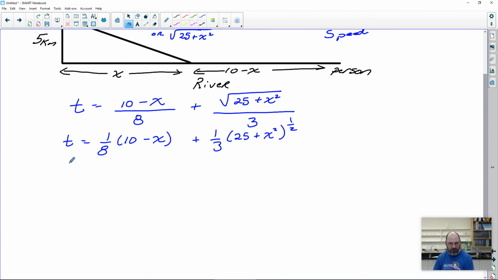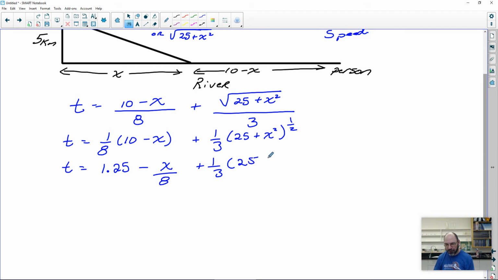So we should probably go one more step and say that this is 10/8, which would be 5/4, which would be 1.25, I believe, minus x/8, plus this stuff.